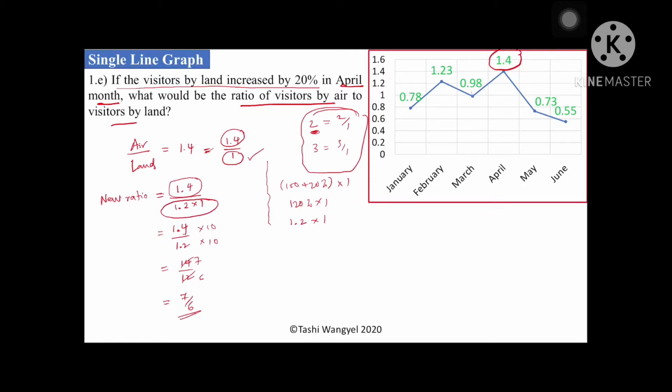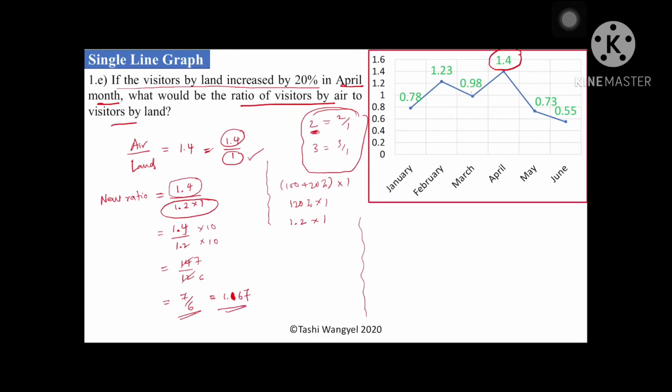The ratio 1.4 by 1.2 is 7 by 6, which as a decimal is 1.167.